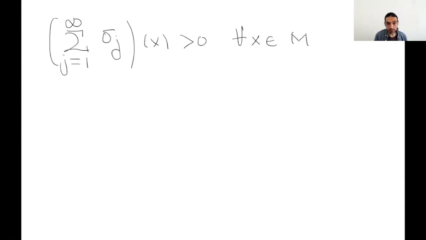And again, this sum is well defined because the family of supports is locally finite. But now it is very easy to build the partition of unity, because we just need to consider gamma j as sigma j divided by the sum.